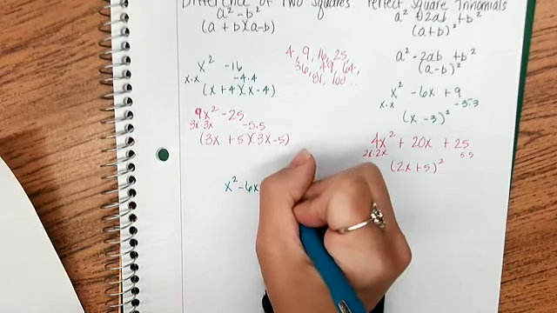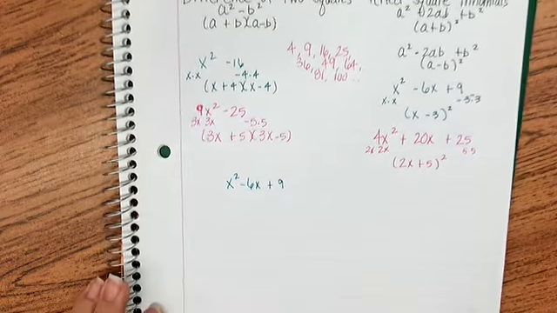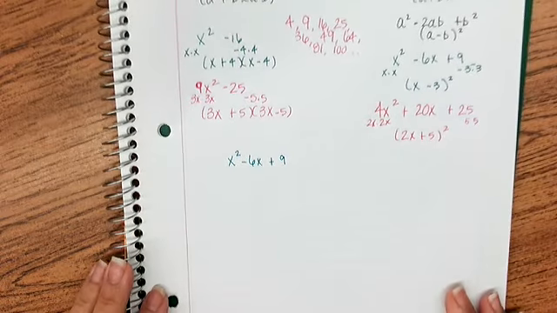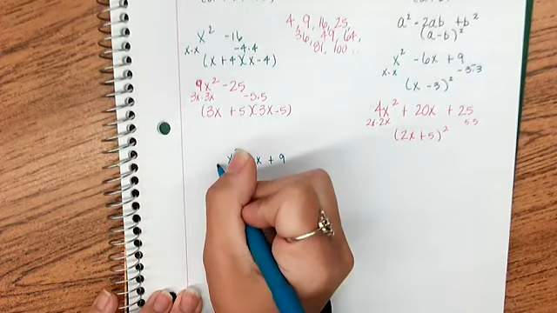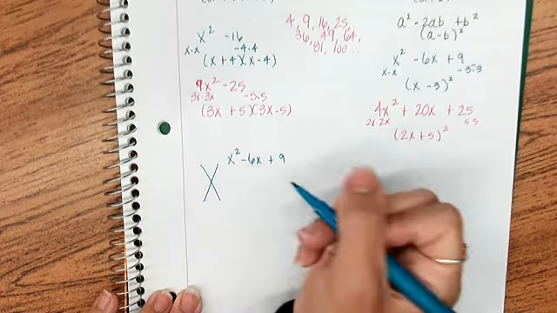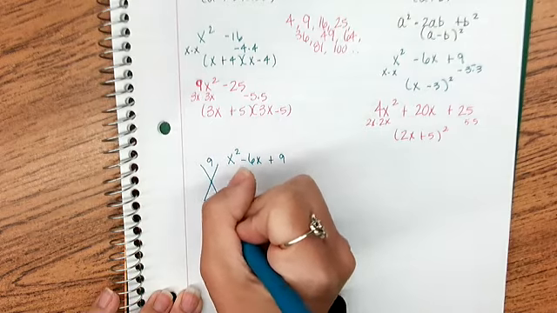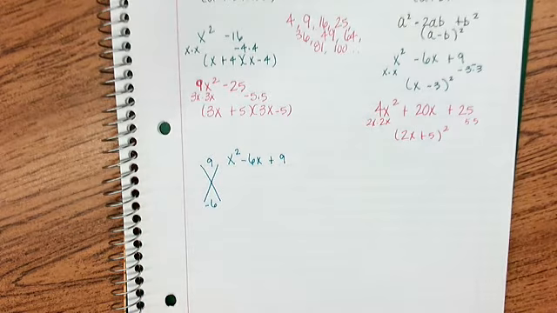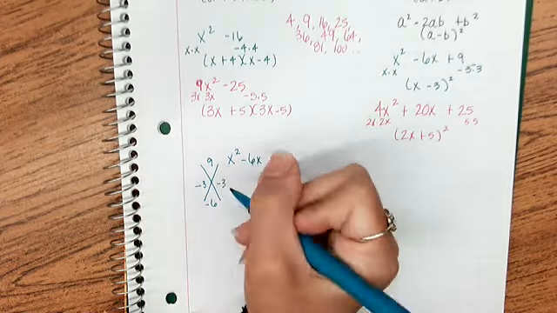Let's just go back to that example. And again, you should be pausing and taking notes as we go. It'll make future lessons much easier. So you would do the diamond, and you would say 9 goes on top, and negative 6 goes on the bottom. And what works would be negative 3 and negative 3.